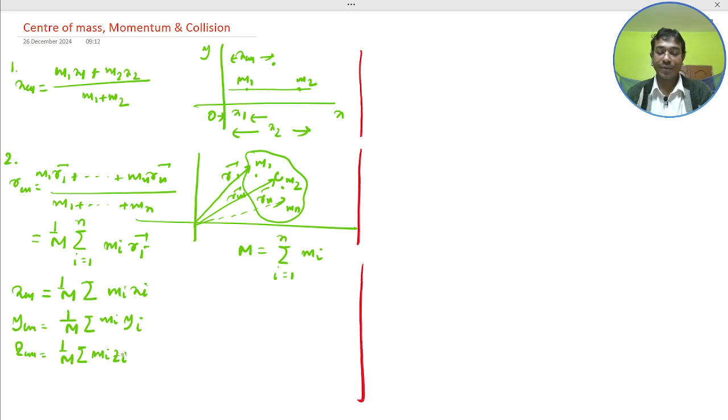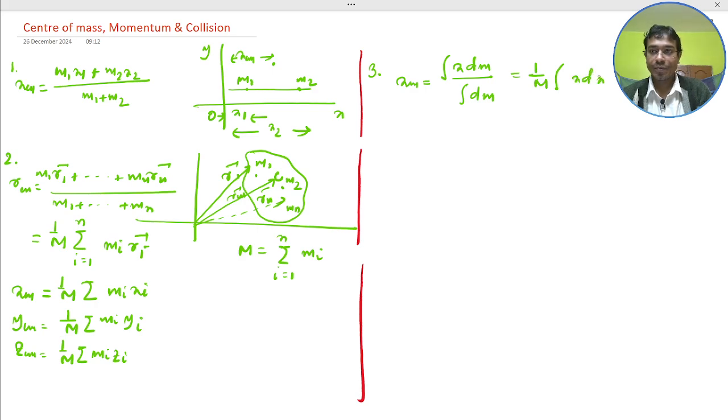Now the expression for the center of mass of a rigid body, which is also important for your JEE aspirants. The center of mass xcm is written as the integral of x dm divided by the integral of dm, basically 1 by M integration x dm for a continuous system of particles, where the integration of dm is equal to M, the mass of the rigid body.